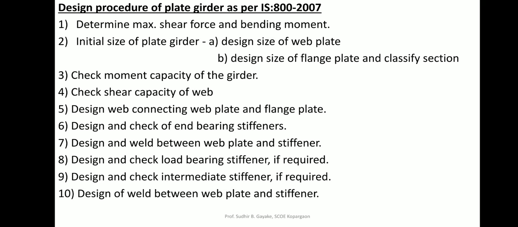Next, the initial size of the plate girder. First you design the web portion, then you go for design of flange plates and satisfy the cross-sectional details by calculating the design bending strength.